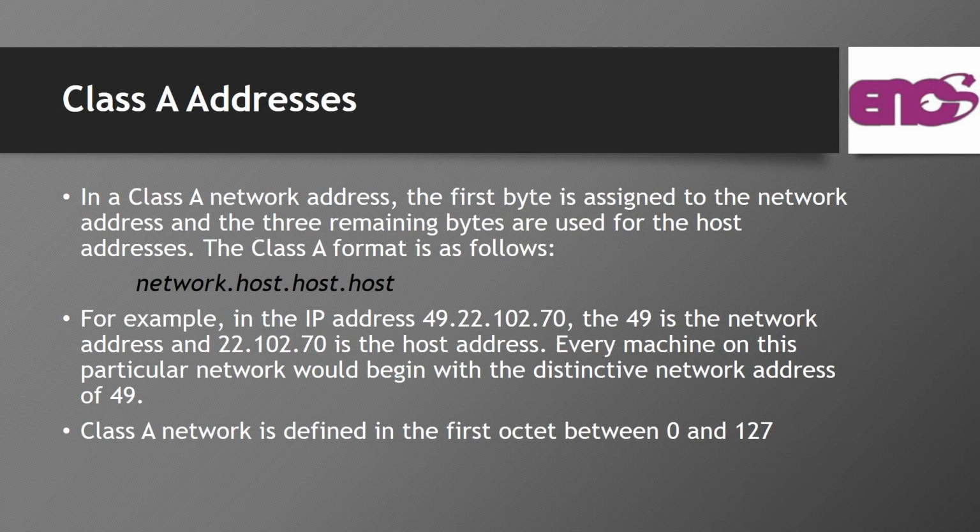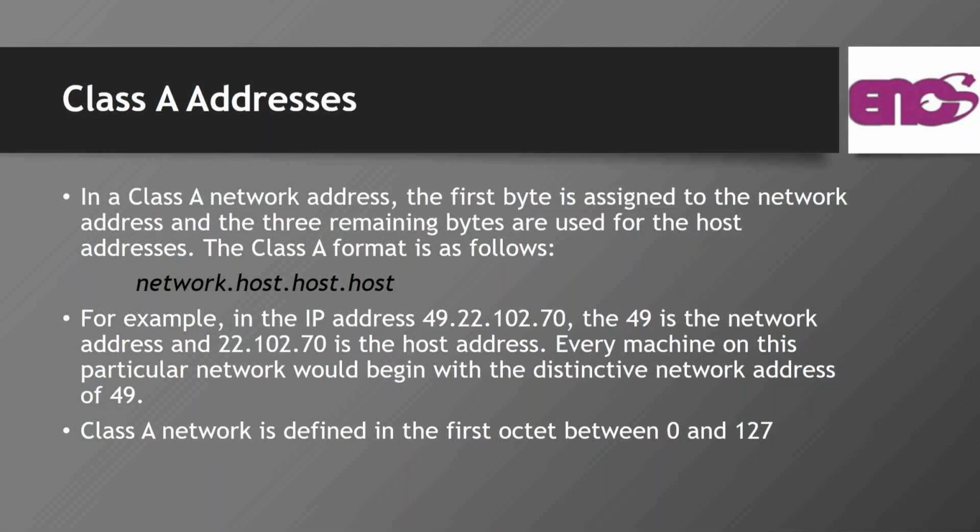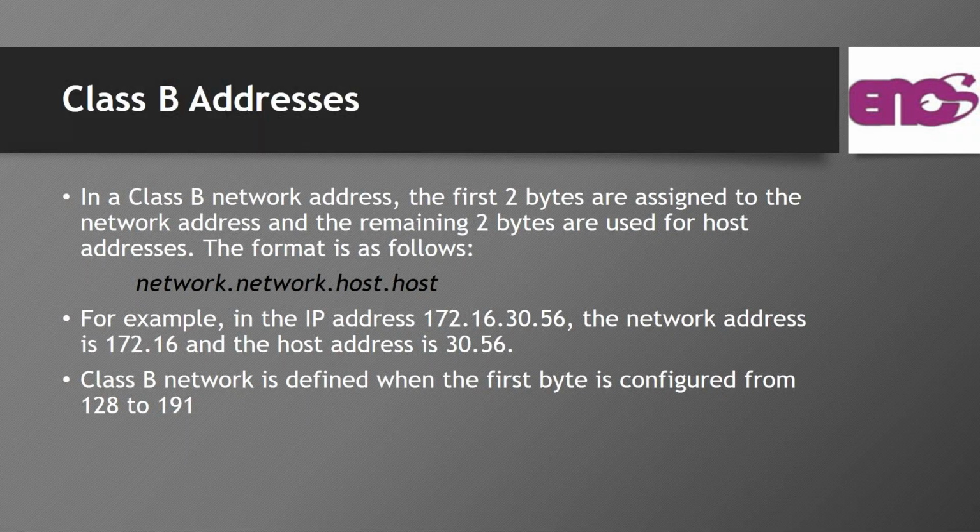So class A address talks about the first octet being reserved for network, while the last three octets are reserved for host. The range is between 0 and 127.